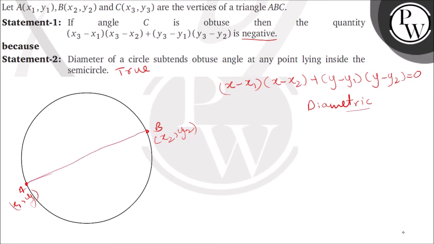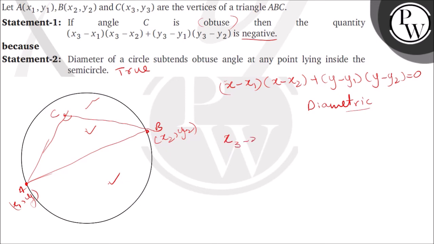Now since they have given that the angle C is obtuse, from the second point we can say that the point is lying inside the circle, anywhere inside the circle, inside the semicircle, on this side or this side, right? Now since we know that it's lying inside the circle, what do we know about points lying inside a circle? When substituted in the circle equation, they're going to be less than 0. So let's substitute point C into this diametric form.